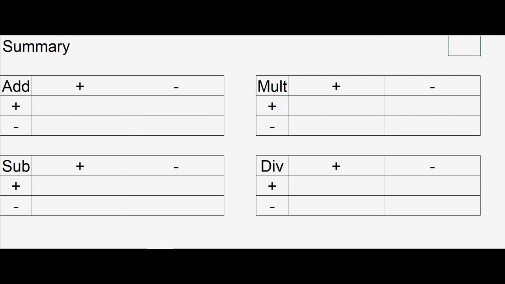So if we look at when we're adding, if we add a positive and a positive, that's just like what we've always done. We're going to end up with a positive. If we add a negative and a negative, we have a negative number, and we add another negative.